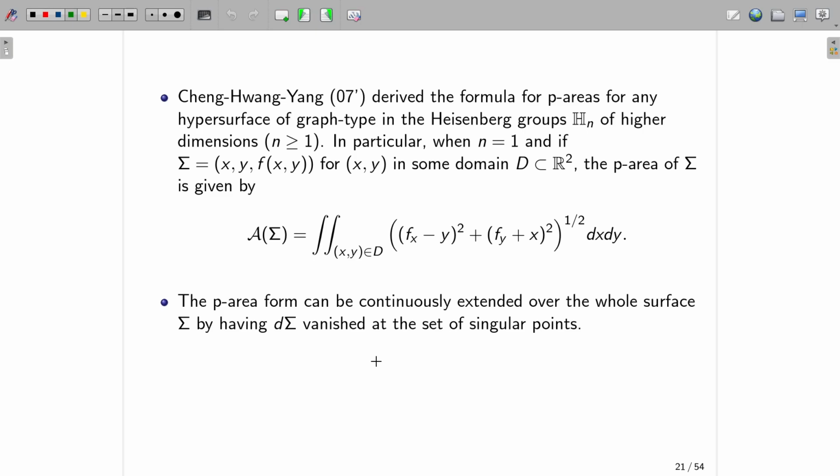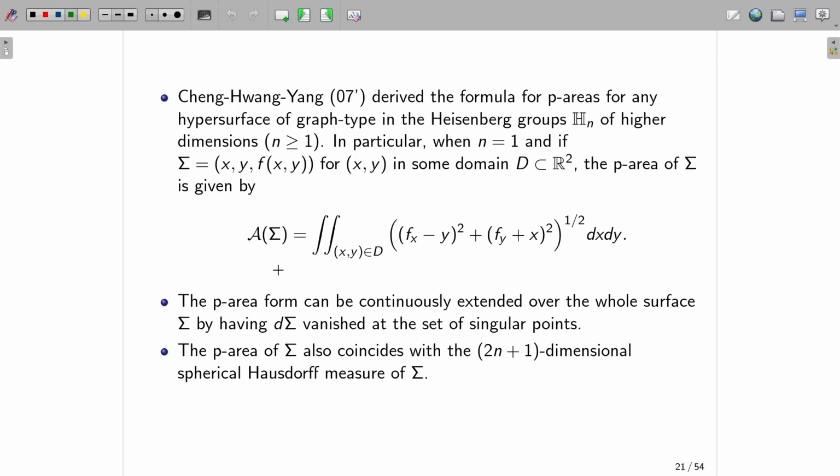So we conclude that the p-area form is completely defined on the whole surface, no matter whether its points are singular or non-singular. The p-area of sigma also coincides with the 2n plus 1 dimensional spherical Hausdorff measure of the surface. We refer the reader to the paper here by Cheng, Hwang and Yang.